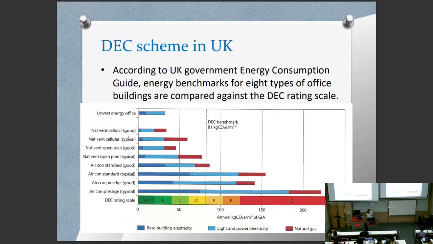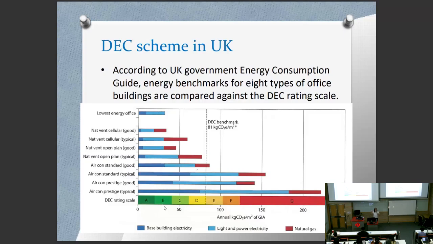If the buildings are naturally ventilated, then maybe you can get B, C, or D rating. And even for the lowest energy office that the author has calculated, remember we assumed lighting and some value for the laptop and equipment, and it is calculated that the consumption is 53 kilowatt hour per square meter. Even for the lowest energy office, it only gets the B rating.